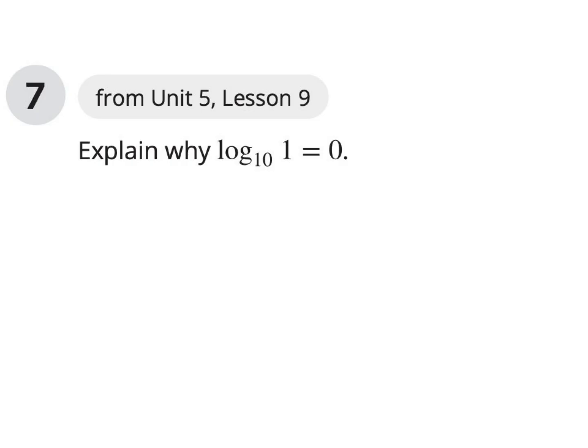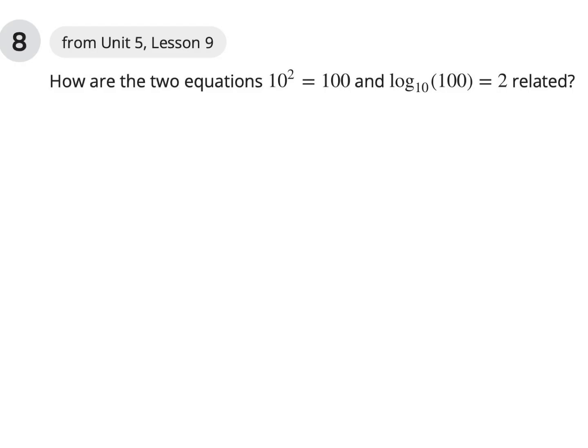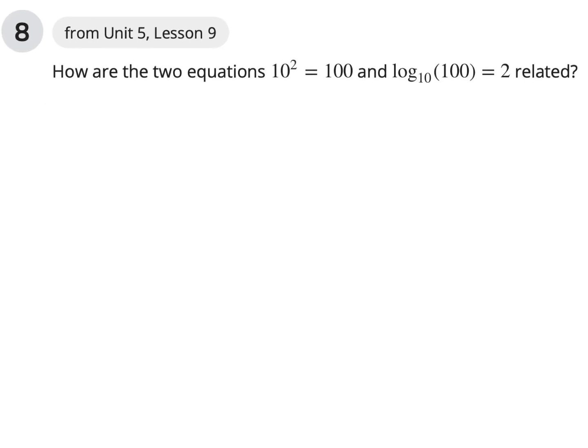Explain why log base 10 of 1 is 0, because 10 to the 0 power equals 1. Okay. 10 squared equals 100 and log. All right, so these are inverse in operation. It's like seeing 2 squared equals 4 and the square root of 4 equals 2.